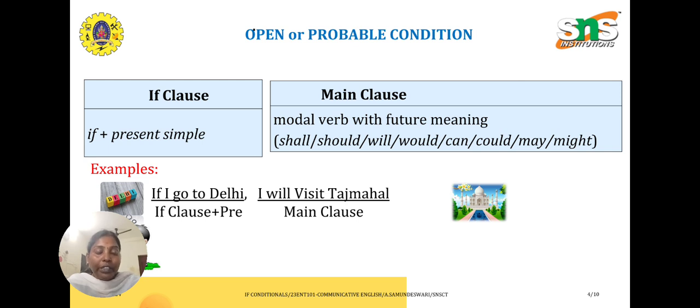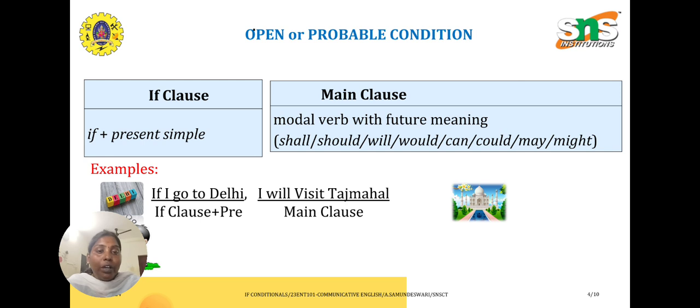So this open or probable condition conveys that there is a possibility of things happening only when the if condition takes place. If the condition does not take place, you can't expect the outcome.